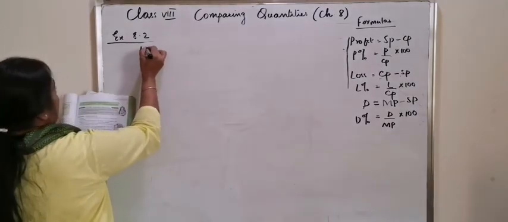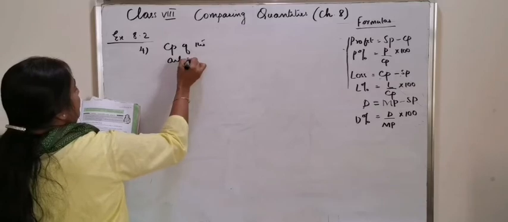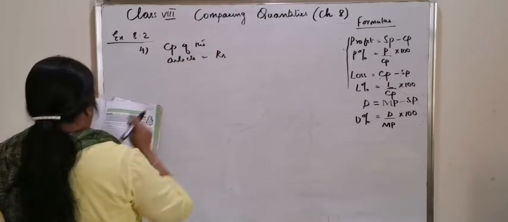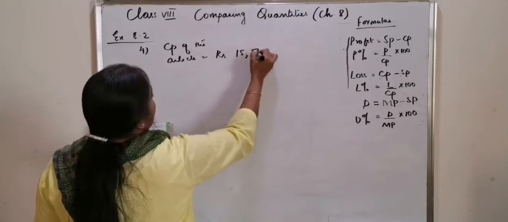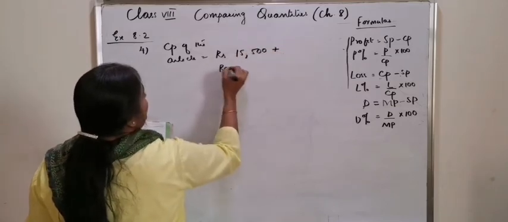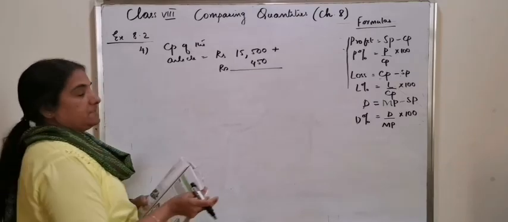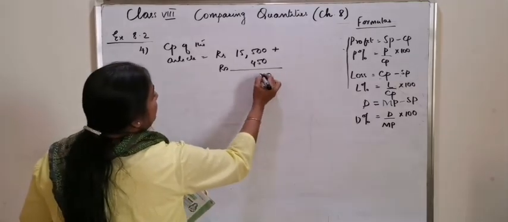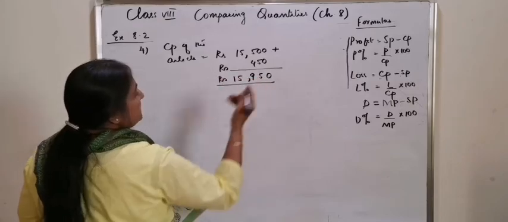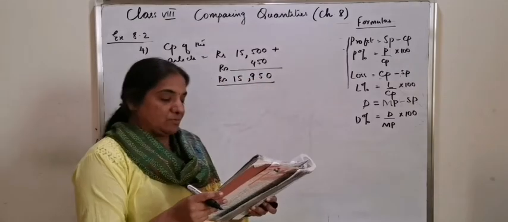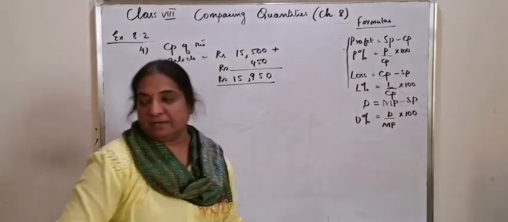Cost price of the article is equal to rupees 15,500 plus rupees 450, which is spent on the repairs. That means the cost price of the article is rupees 15,950, if it is sold at a profit of 15%.